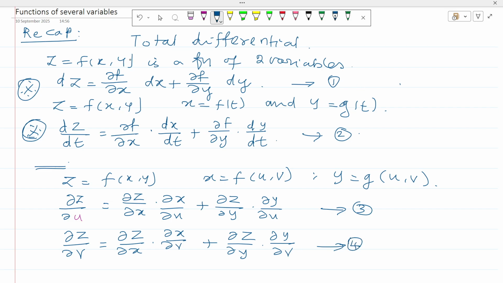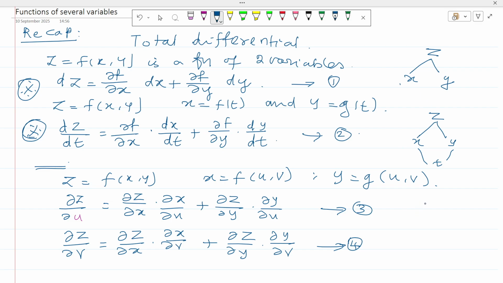So symbolically, if z is a function of x and y, then this first formula will come. Then we are extending that z is a function of x and y, and x and y are functions of t. It is like a tree actually.